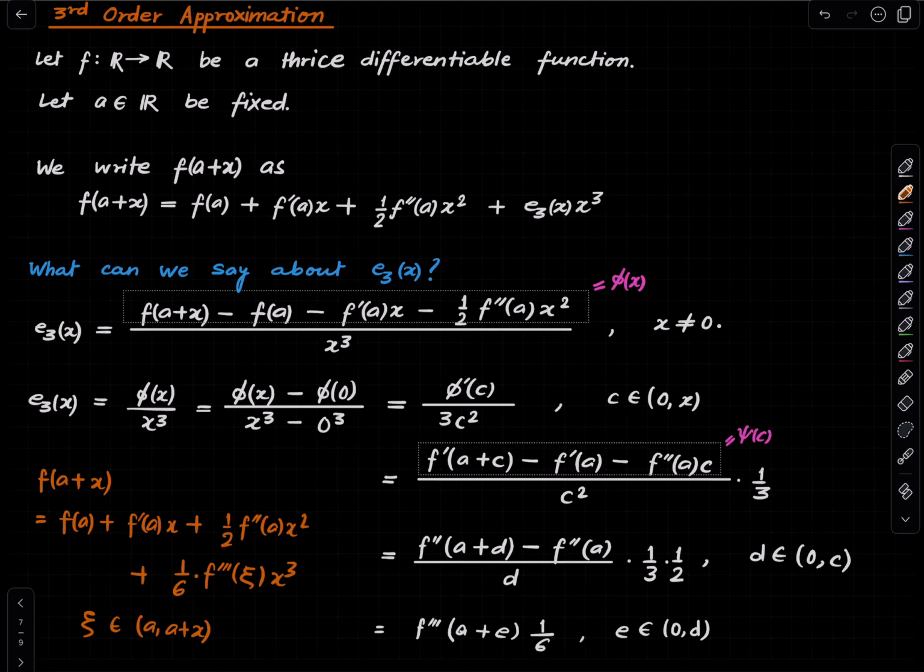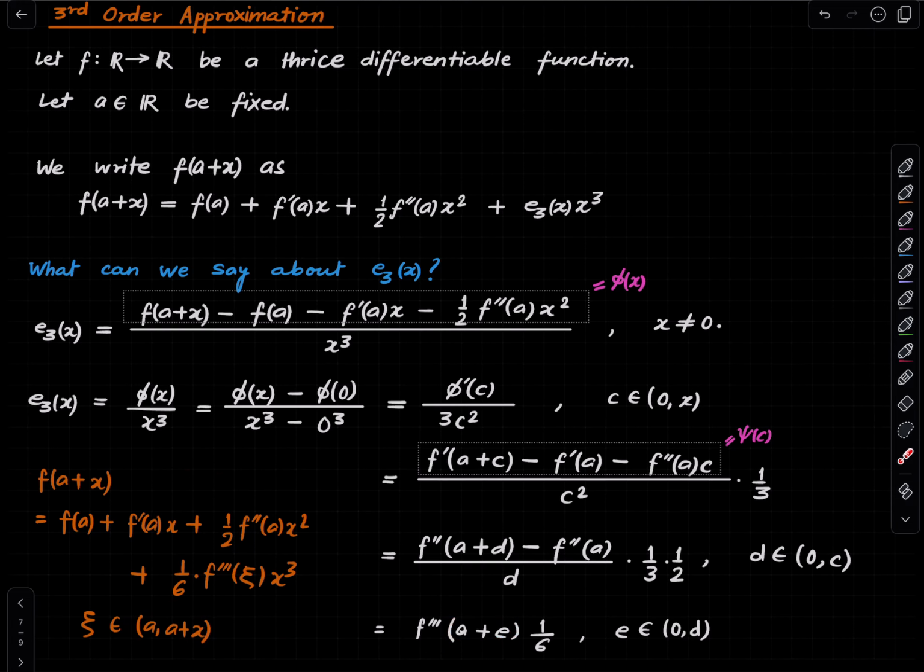Right? If you just follow where is E, E is strictly between 0 and D, D is strictly between 0 and C, C is strictly between 0 and x. So where is A plus E in particular is strictly between A and A plus x. So the third order approximation looks like this.